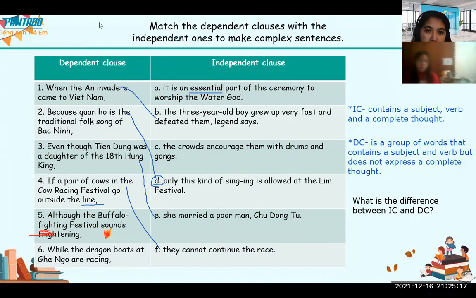Okay. How about number 5? Although the festival... What letter, Ngok?